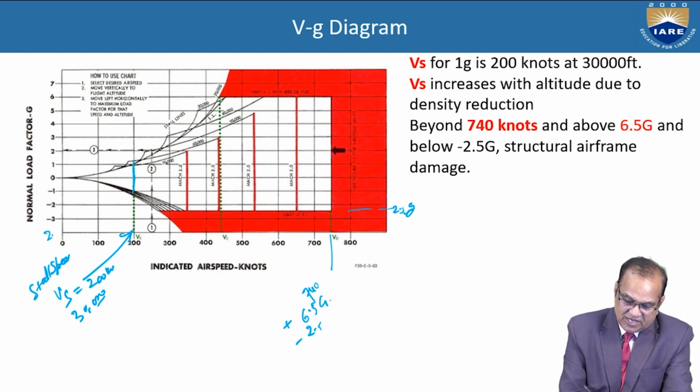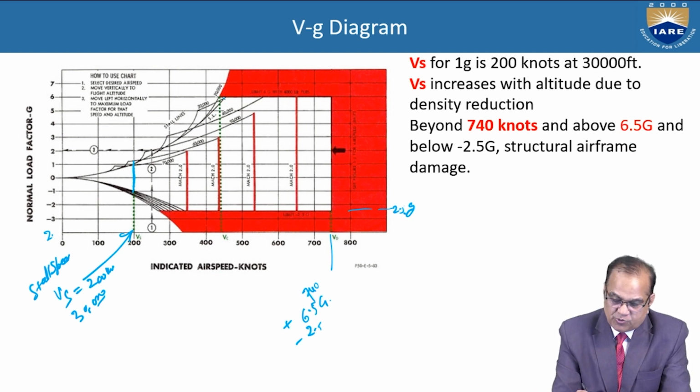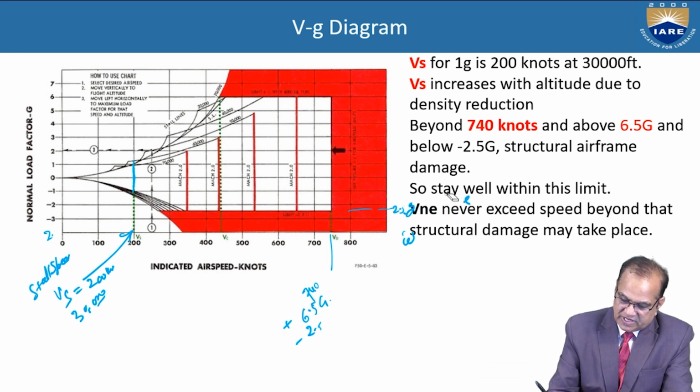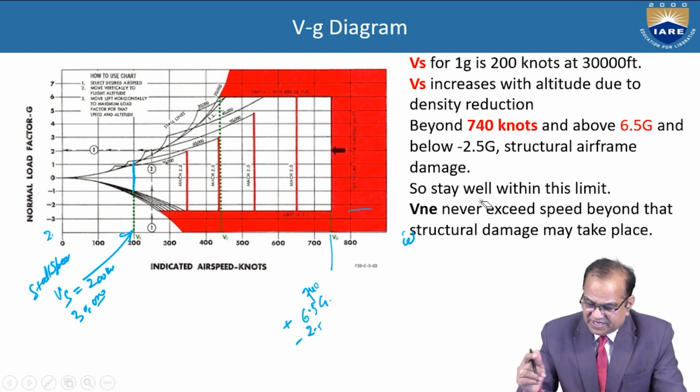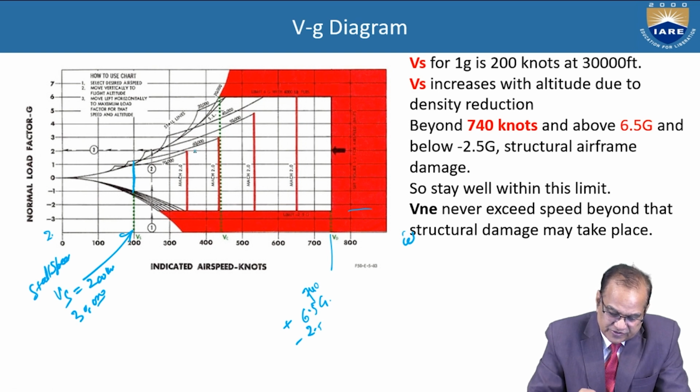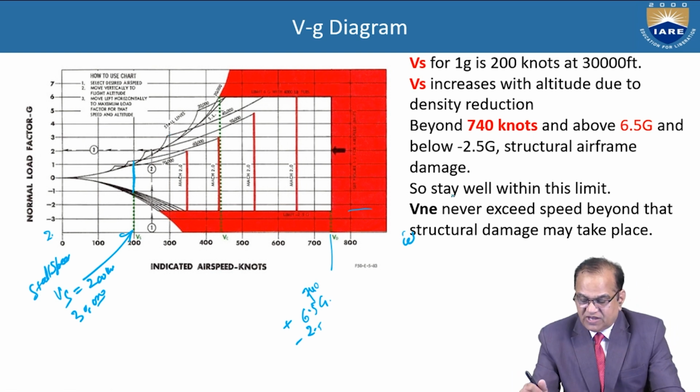So if you are above 6.5 G or below minus 2.5 G, this red zone, structural damage will happen. So stay well within this limit. Your aircraft should be within this limit, and as you go to higher and higher altitude, stall lines will also change. So stay well within this limit.